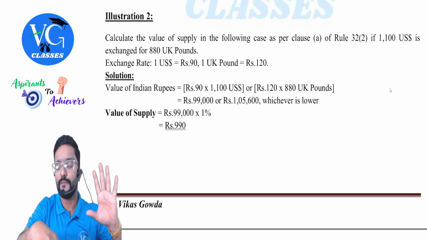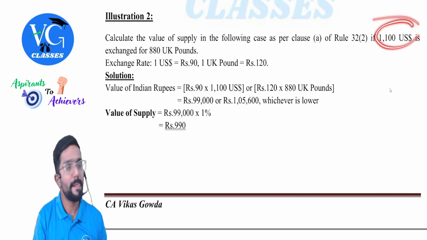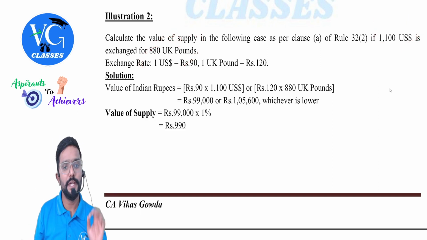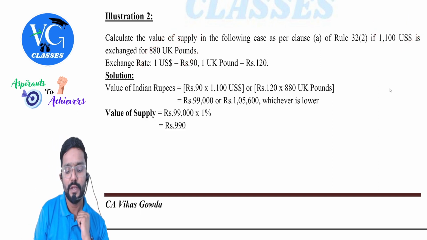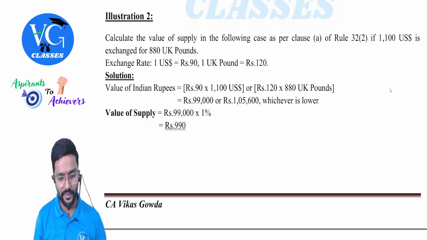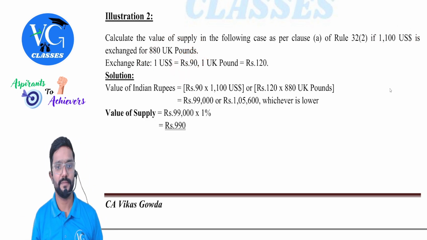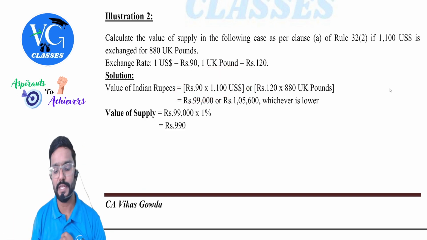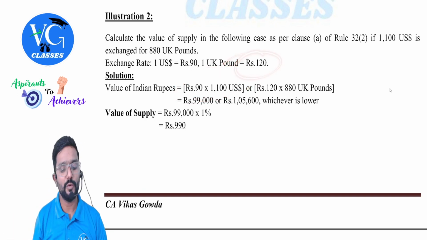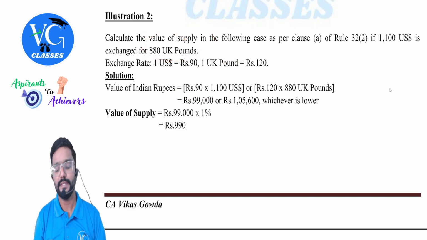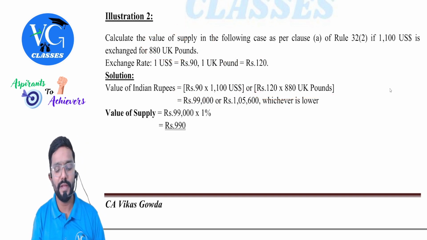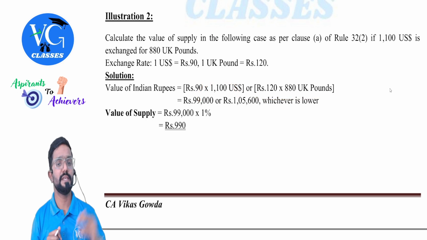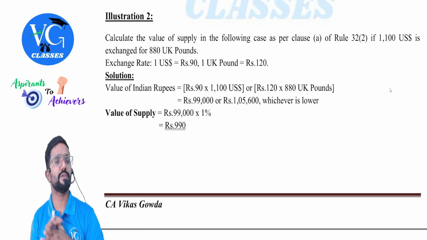Now convert both of these into Indian rupees. How much is that? 90 into 1100 US dollars. Or on the other side, 120 into 880 UK pounds. Convert it. So now did we get both in Indian rupees? Yes. 99,000 or 1,05,600.